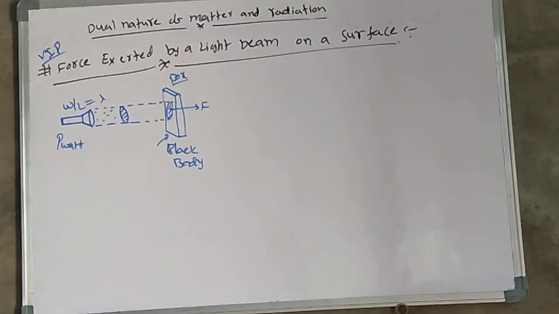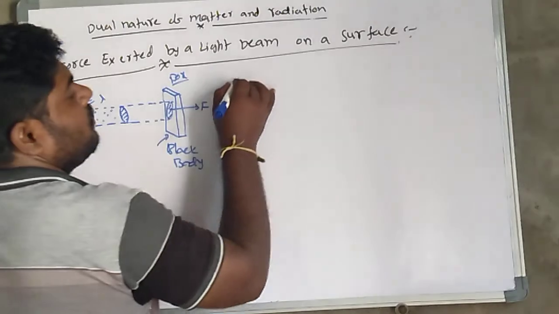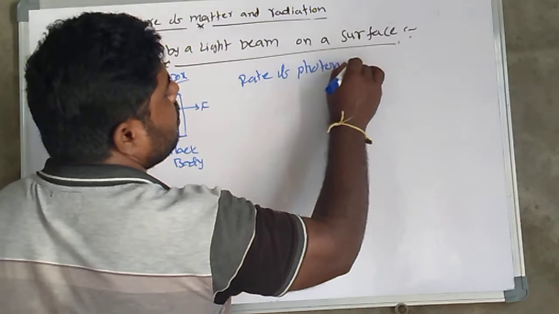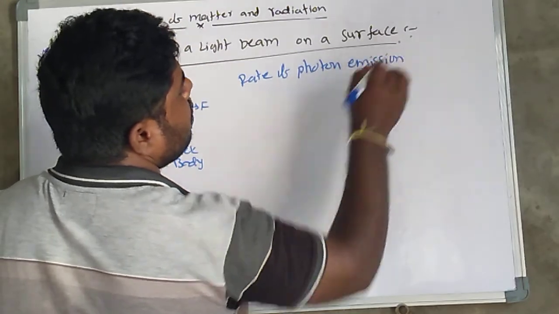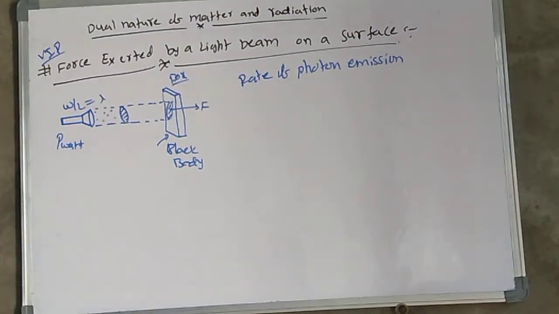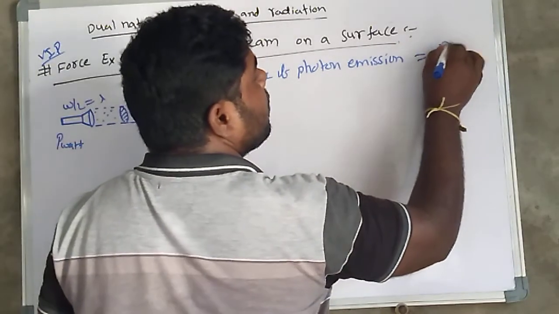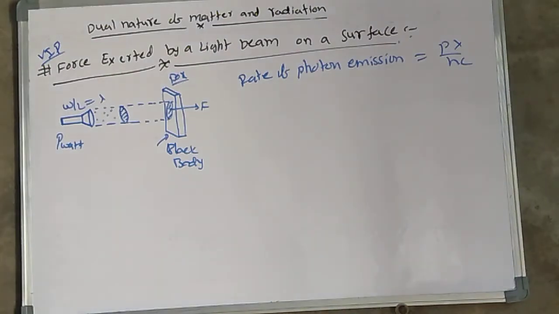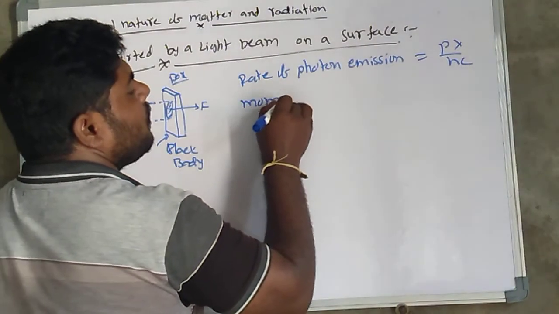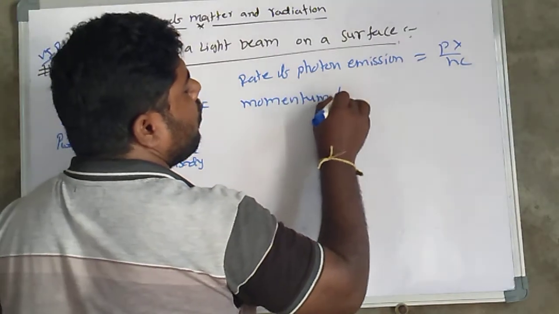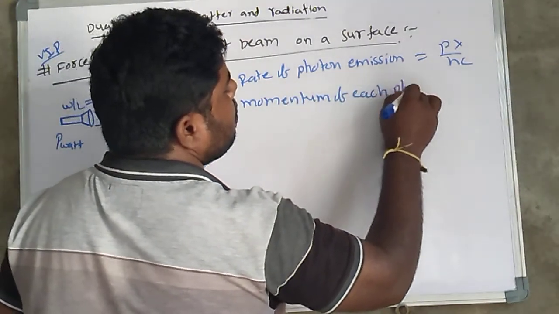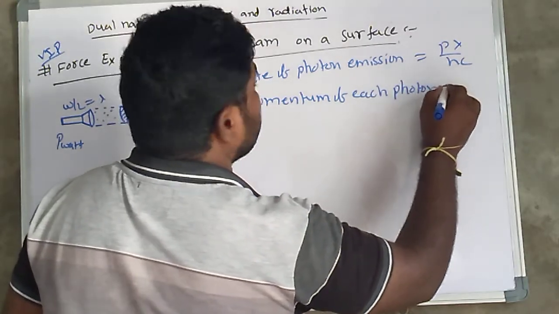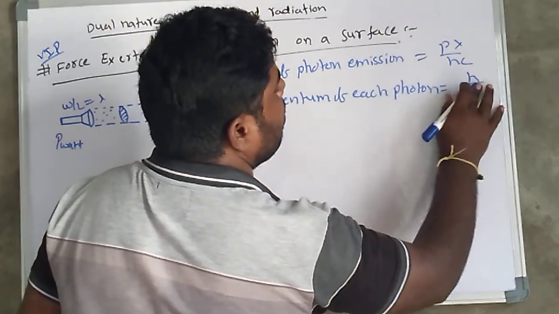So the rate of photon emission is, as we already know, Pλ divided by hc. Momentum of each photon is p equals h by lambda.